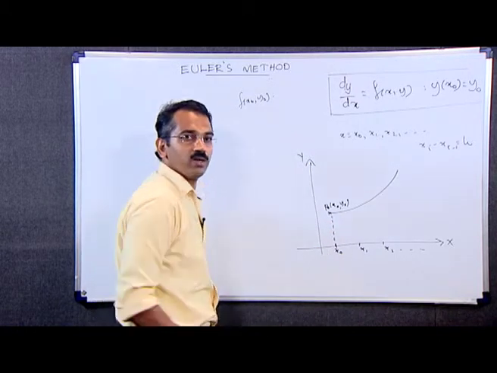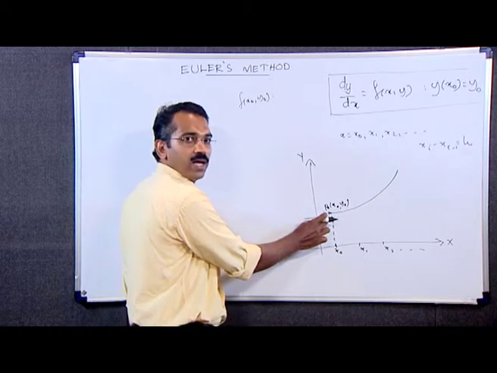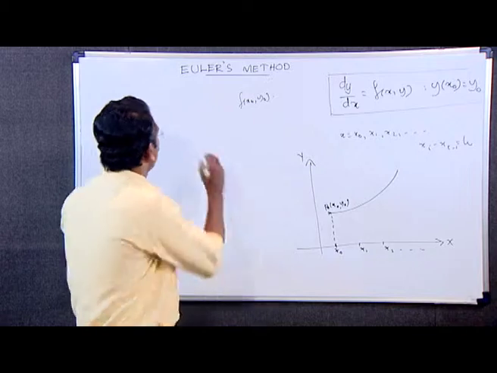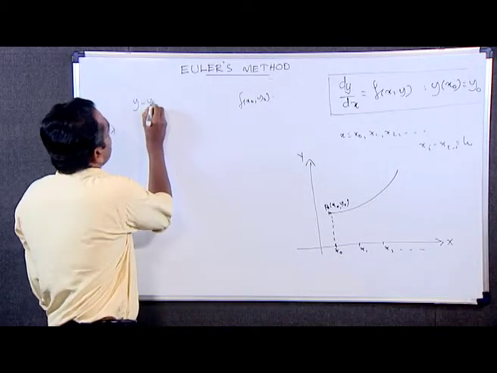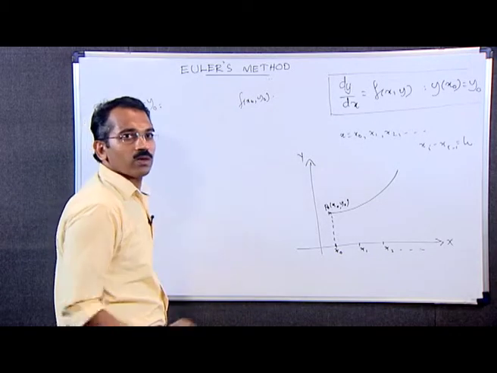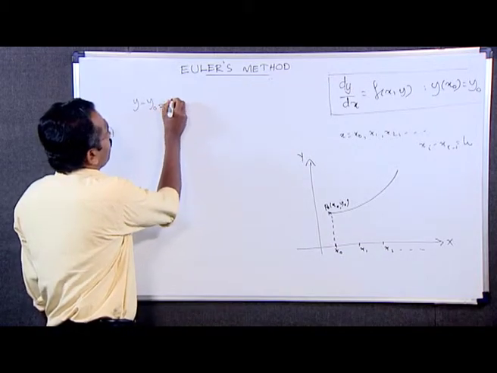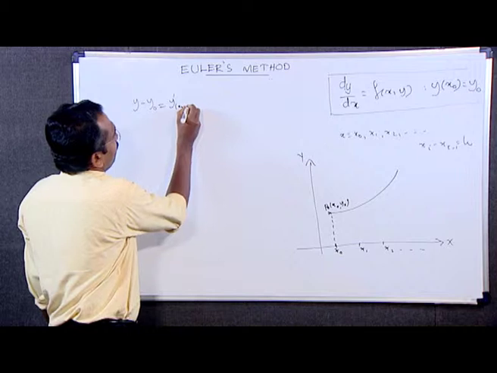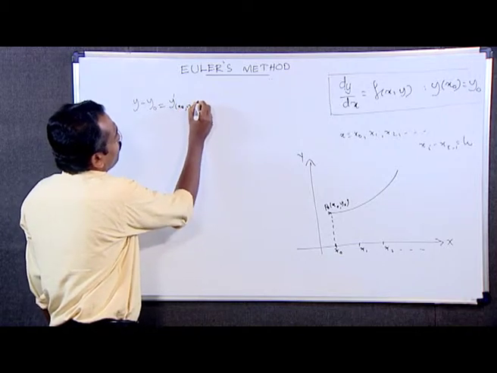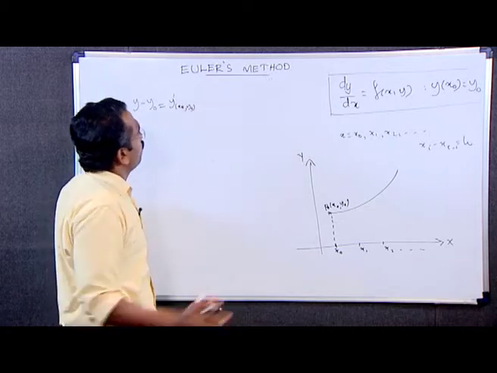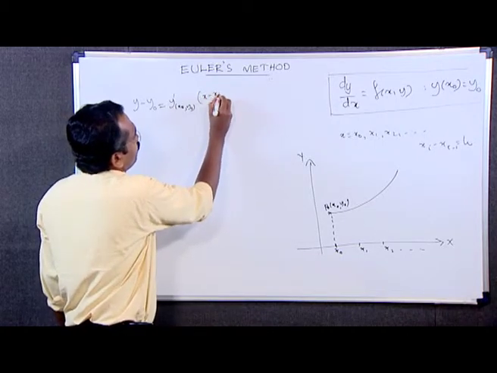Now, the equation of tangent at x naught, y naught to the curve is y minus y naught is equal to y dash at x naught, y naught into x minus x naught.